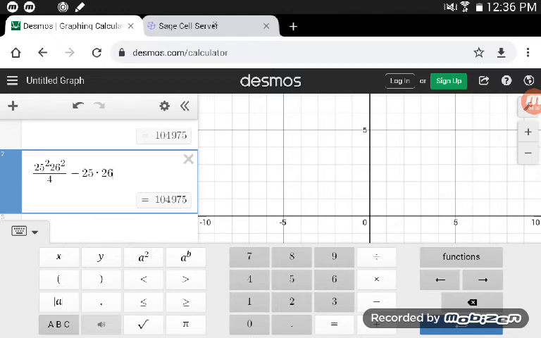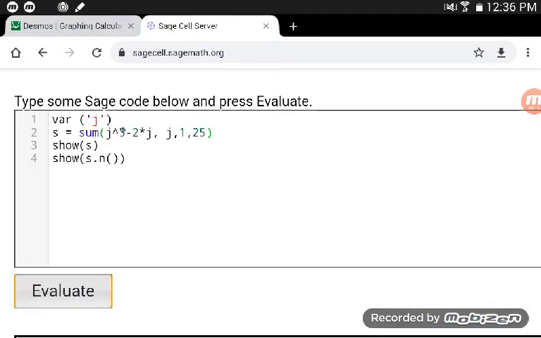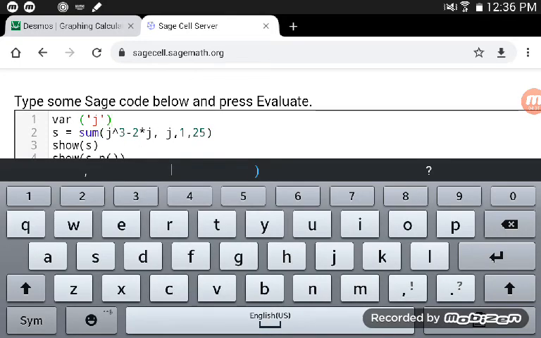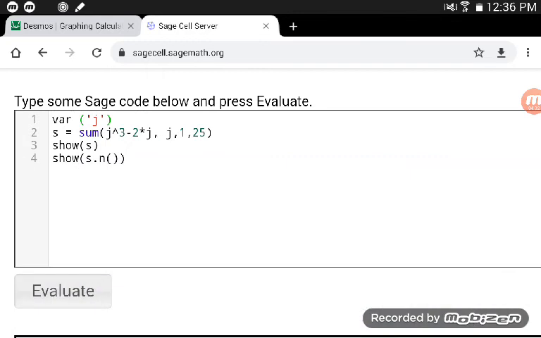And again in Sage, I declare I want j, again for the same reason I don't tend to use i. So I wanted j to be a symbolic variable, and then I just said sum of j cubed minus 2 times j, and again I needed to make that asterisk in there for the multiplication.